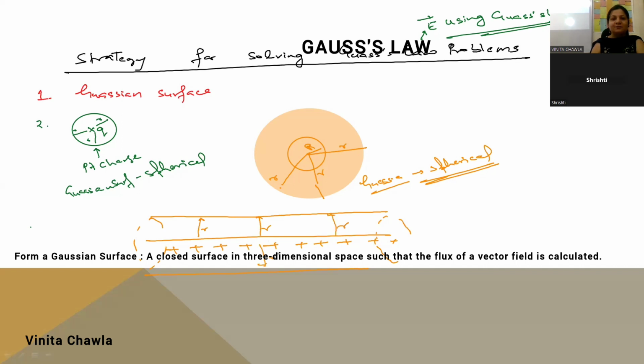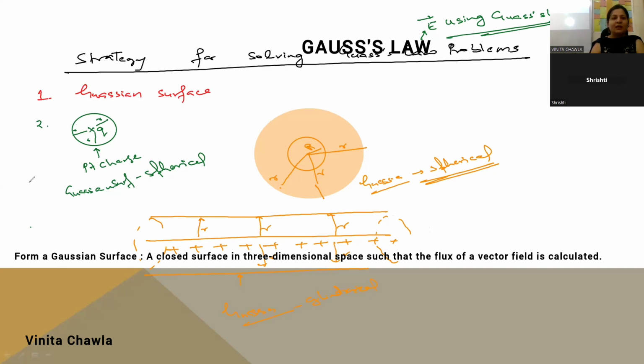You can see. है ना? So all these points which lie on the cylinder, they are at equal distance from the line charge. So we'll have the same electric field intensity everywhere on the cylinder. So Gaussian surface is cylindrical for a line charge.